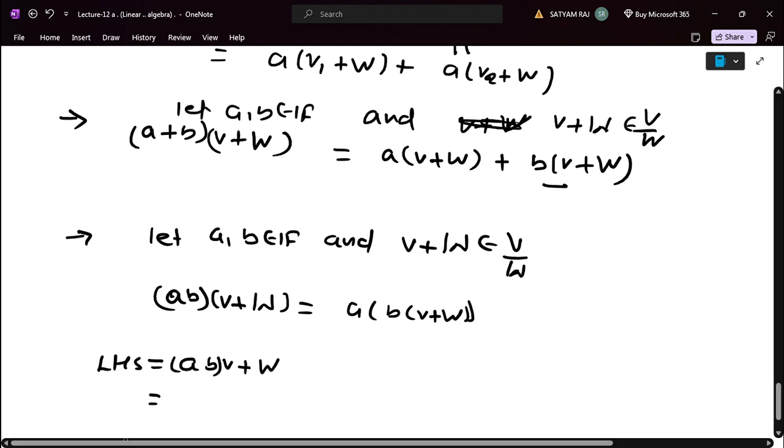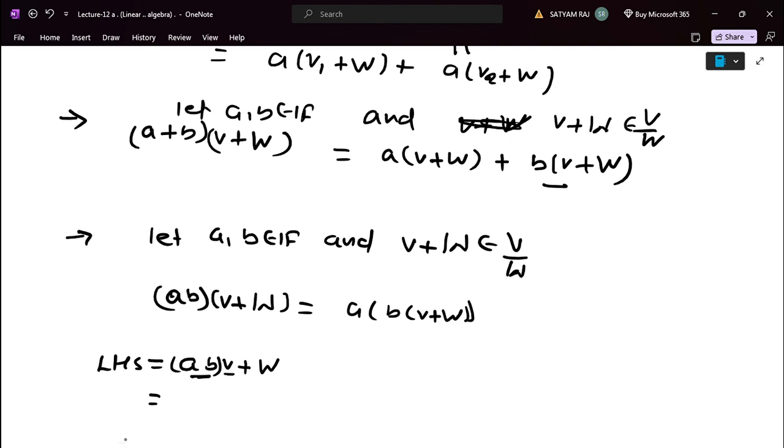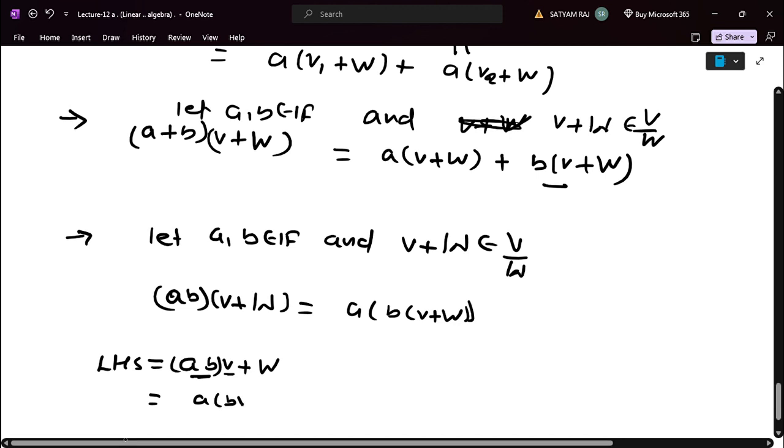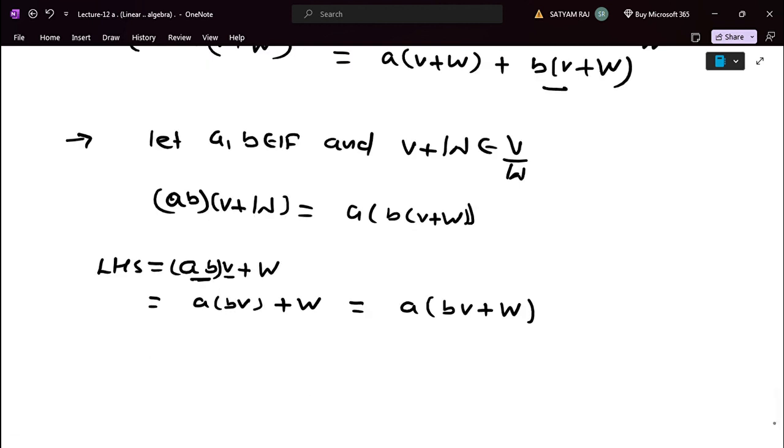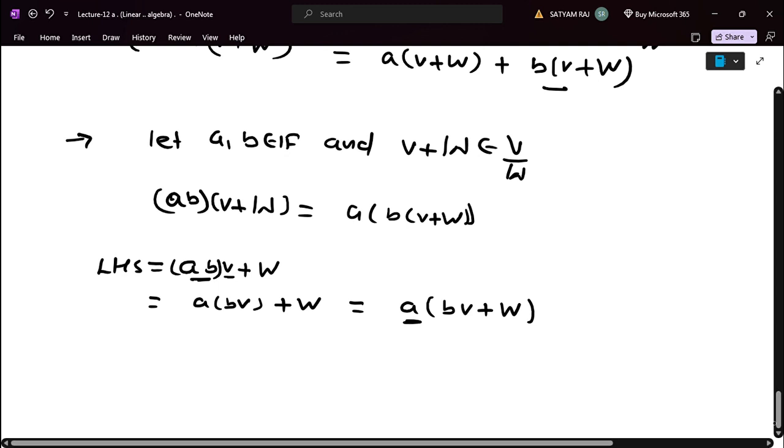Now since a and b belong to the field and v belongs to the vector space, we can have a b v plus w. And now use the definition of dot, so a into b v plus w, because if we multiply this field member to this element, we get the same here.